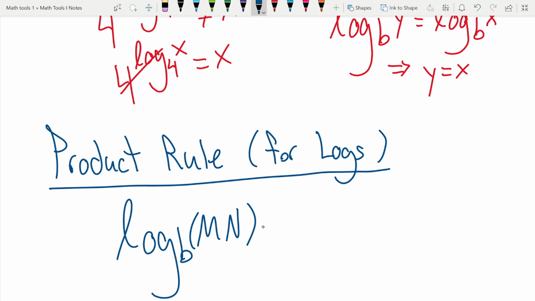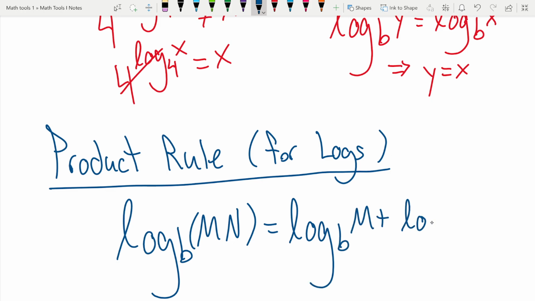Log base b of m times n is equal to log base b of m plus log base b of n. So pretty much the same flow as the exponential product rule. When you have two things being multiplied with the same base, you break them up over addition.